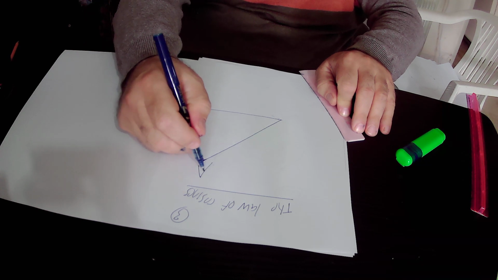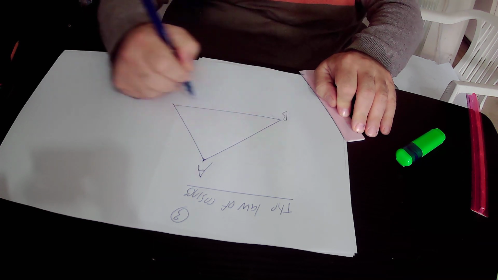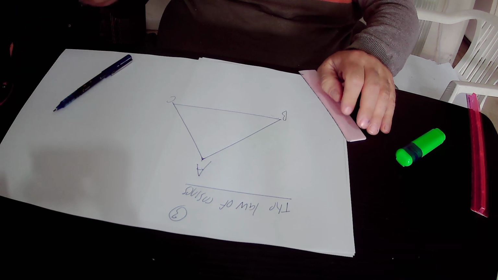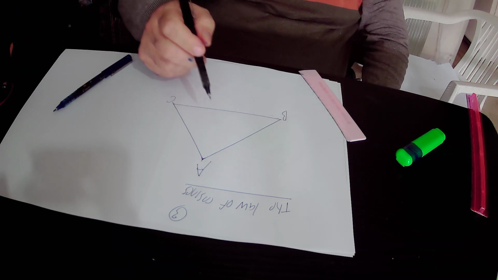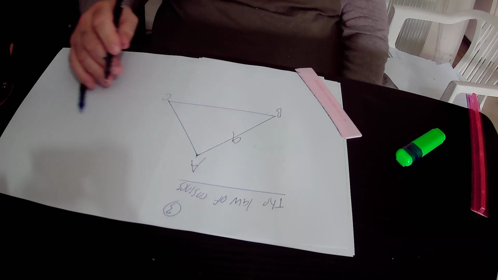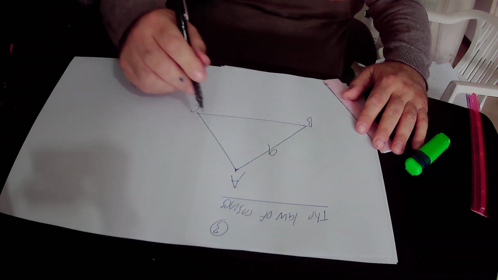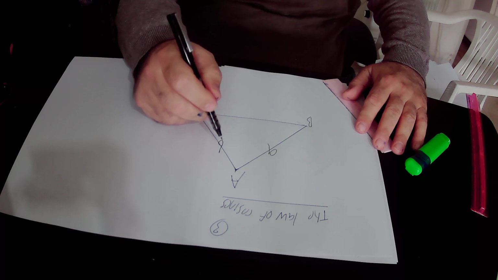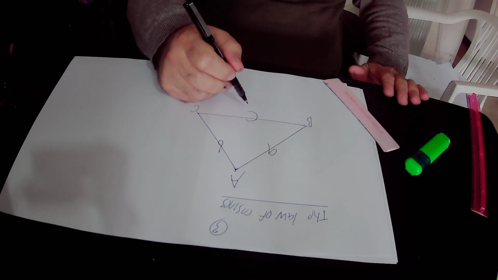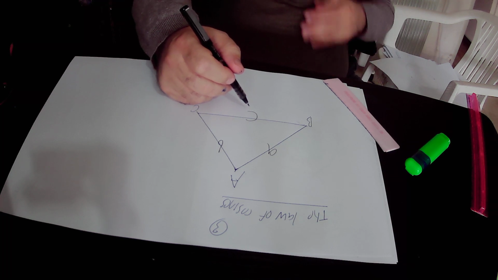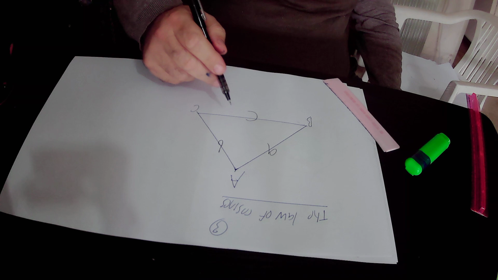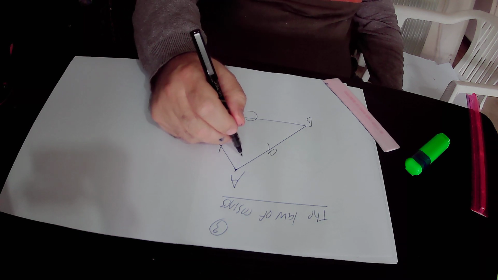This is triangle ABC. And we know that side AB equals a units in its length. Side AC equals b units, and side BC equals c units. And the angle between side AB and side AC is theta.